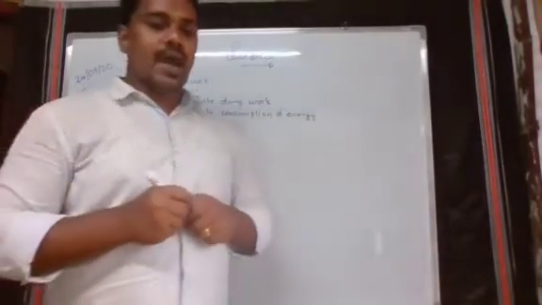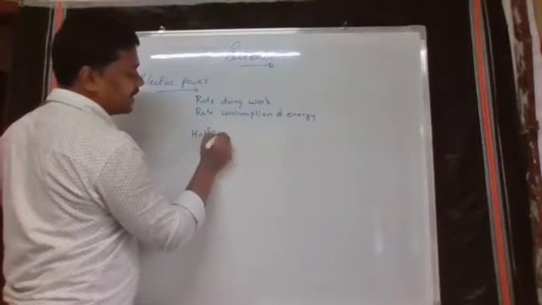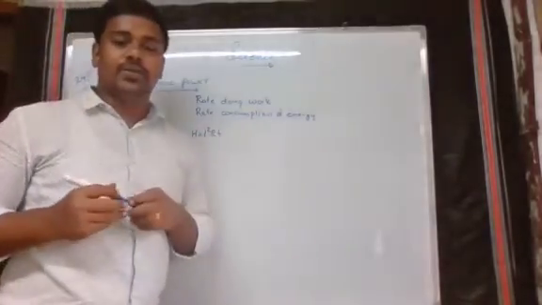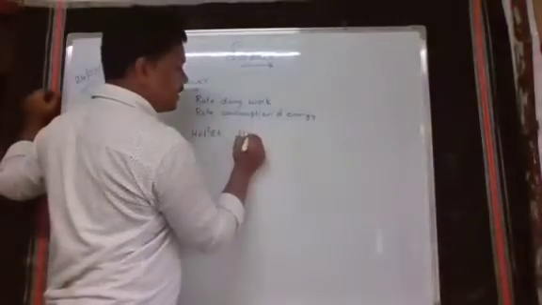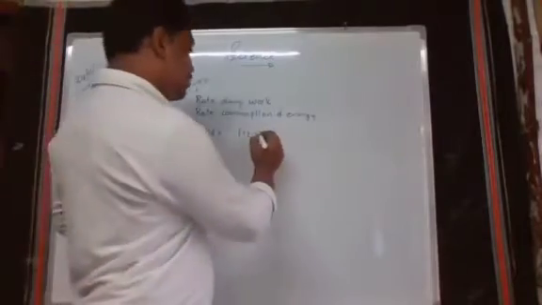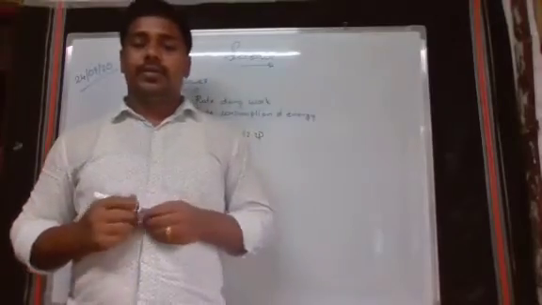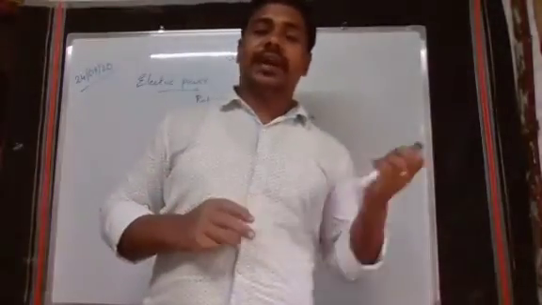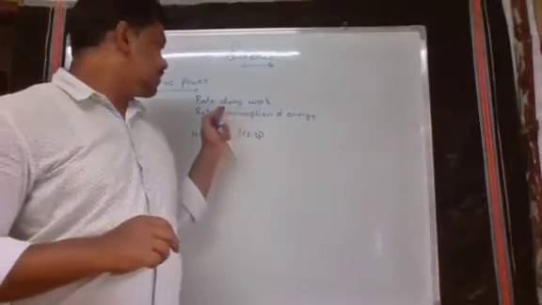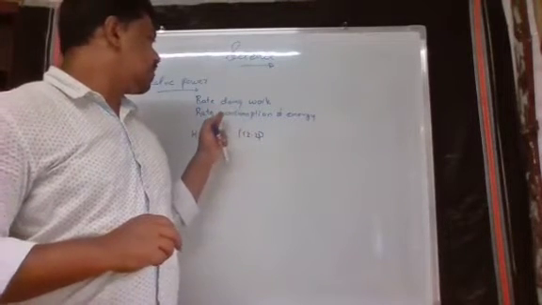And we know that H is equal to I square RT. We studied this equation, and it is equation 12.21 in your textbook. It gives the rate at which electric energy is dissipated.